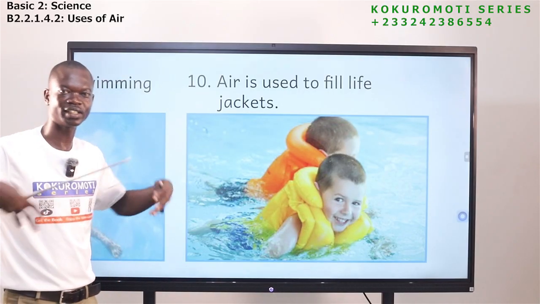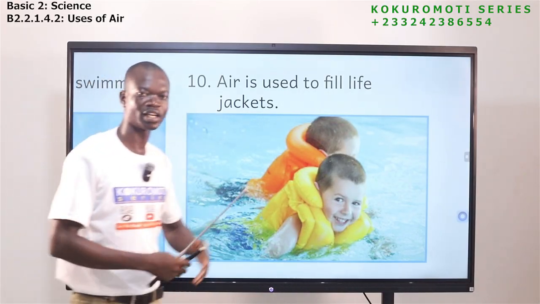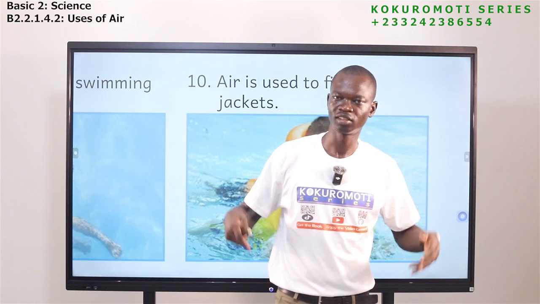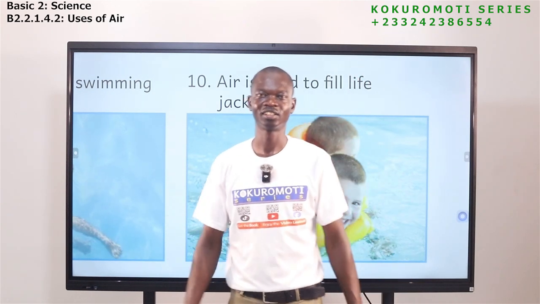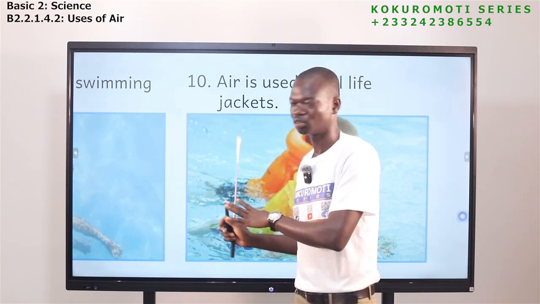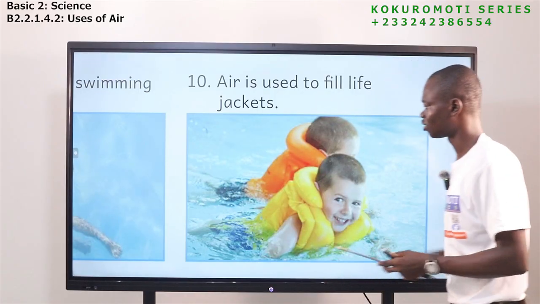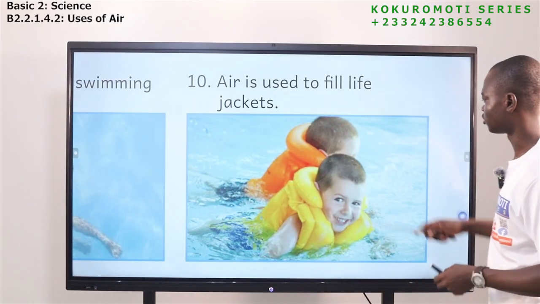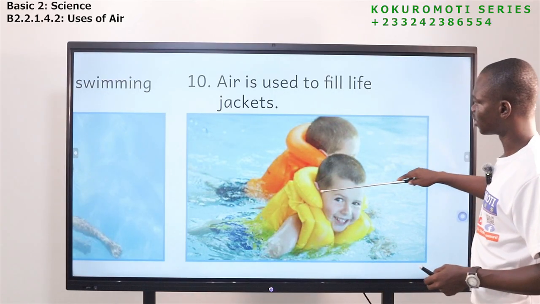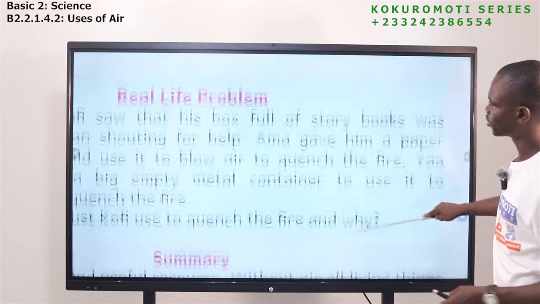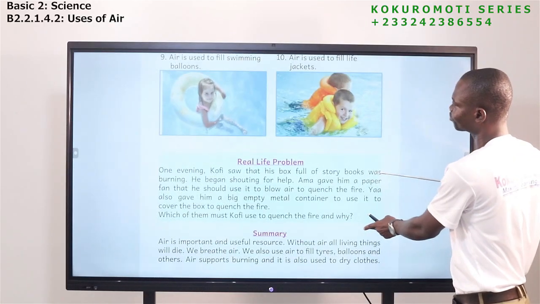If you wear it and go into the water, there is no way you go down. It will make sure you remain on top of the water. You will not drown.